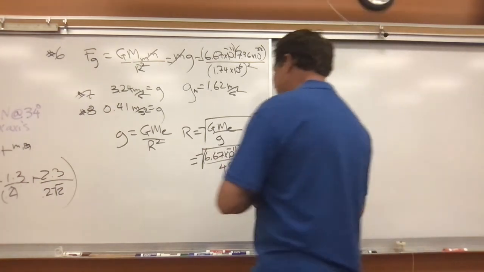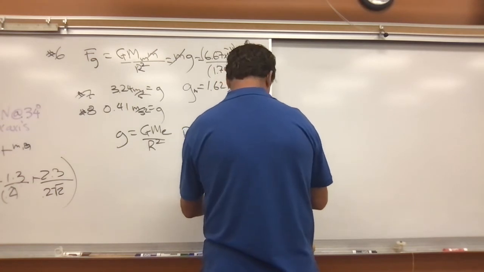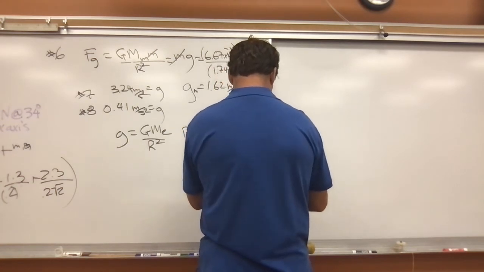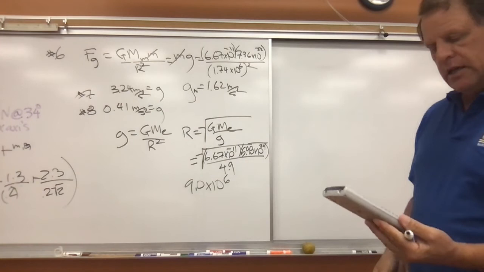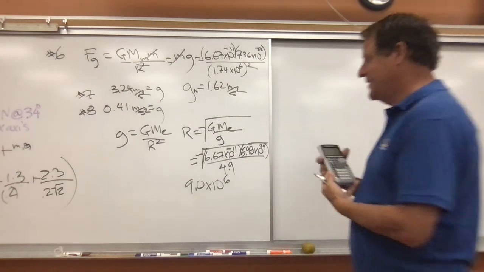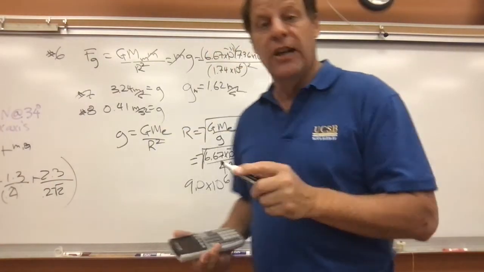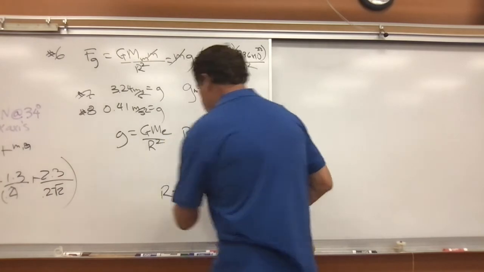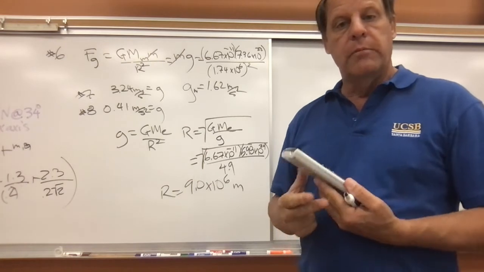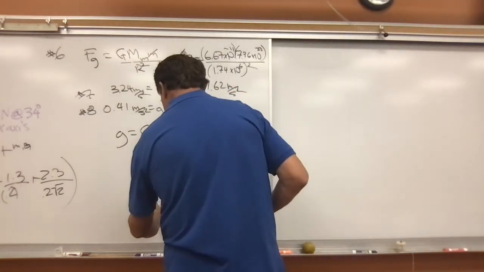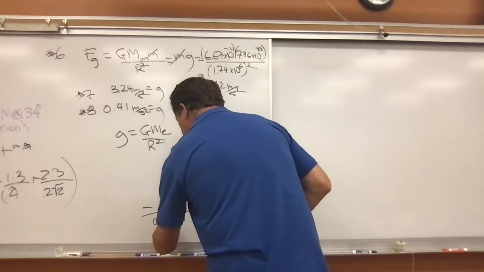And we are going to get 9.0 times 10 to the 6th, okay, 9 times 10 to the 6th meters. Okay, you guys, this is not our answer. That is certainly our calculation of what our R is, but we want the altitude. So we're going to subtract away the radius of the Earth, and then we're going to get the altitude.